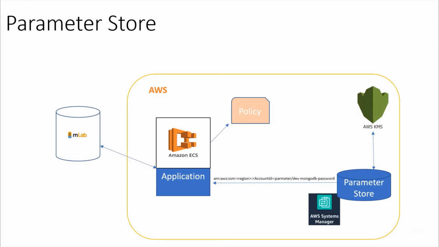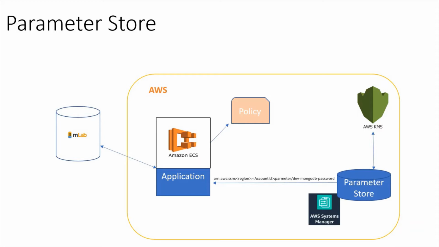This is more secure, and nobody can view it, because in the environment variable we only provide this particular string, which is barely visible to the naked eye and cannot be understood, since the value is stored in the Parameter Store. This is the way we can secretly manage some of the values for the application.